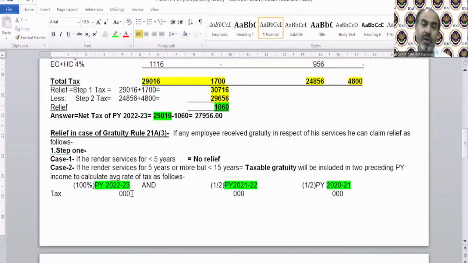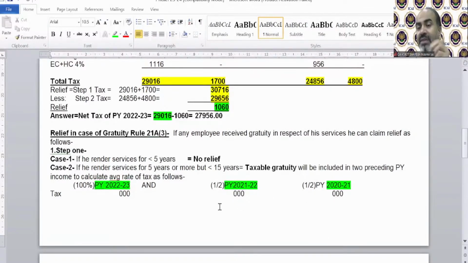So technically we need to include the full value in previous year 22-23 and calculate the tax. And we need to check again. For example, if 1 lakh is going to be included in previous year 22-23 in your salary income, then we need to see if it had been taxed 50,000 in previous year 21-22 and 50,000 in 20-21.